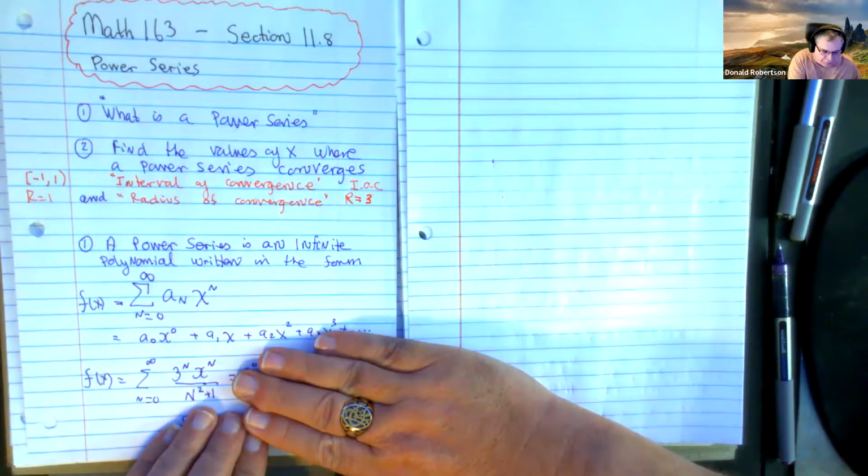If I plugged in, I don't know, x is 5, and you calculated that as 3 to the n, 5 to the n over n squared plus 1, you would discover that the thing actually diverges.